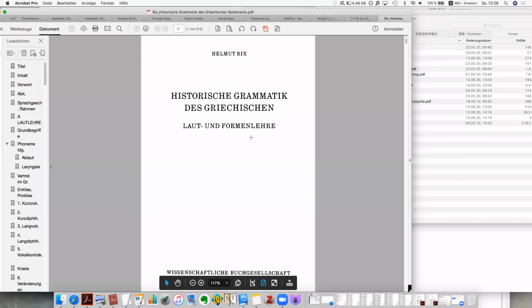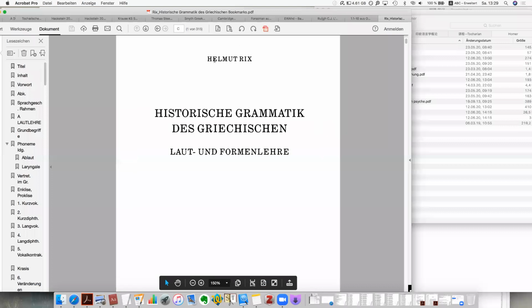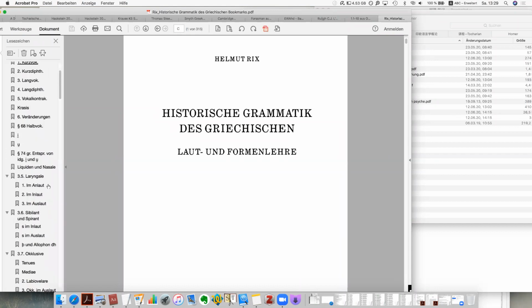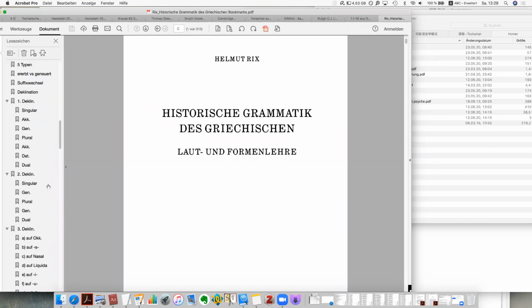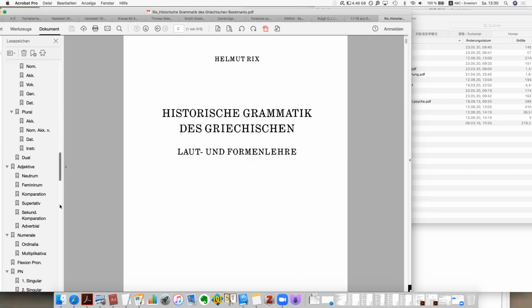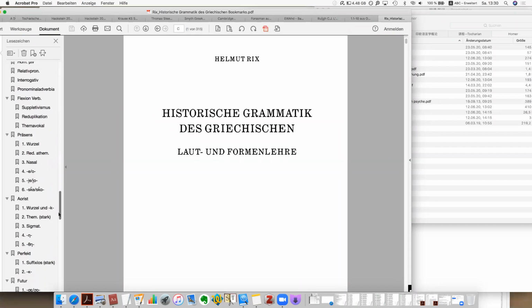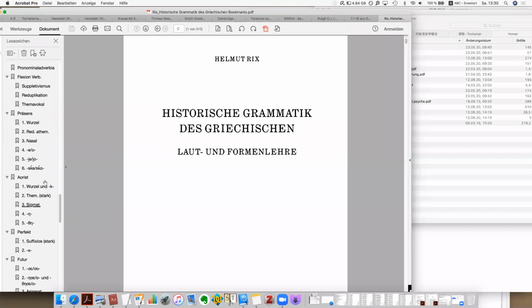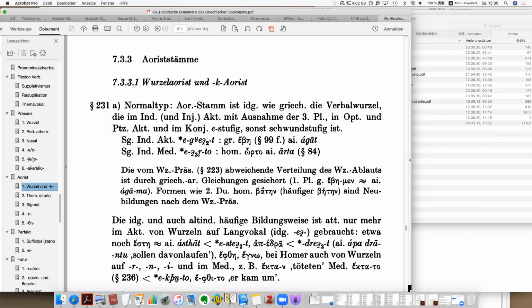If we want to explain the historical background of the Greek grammar, we need to use this book. I already mentioned this book earlier. It's by Helmut Rix, and he's actually the supervisor of my supervisor. I think I already sent the PDF file to you, so you can find the detailed information here, right? So this is what I want to show you.